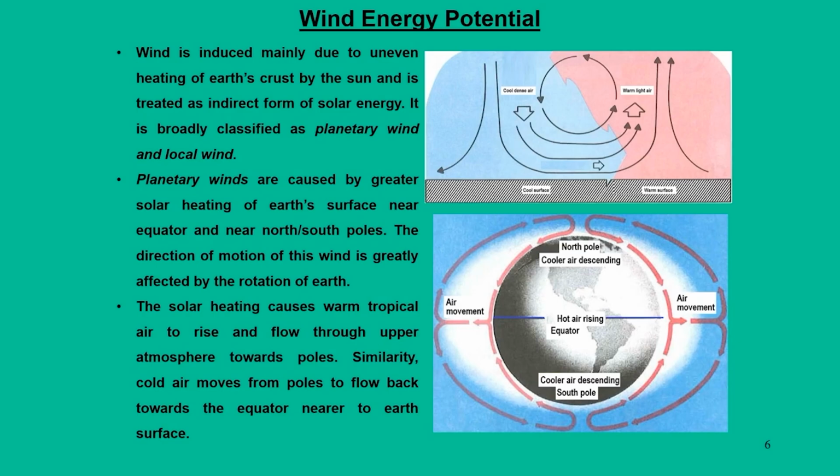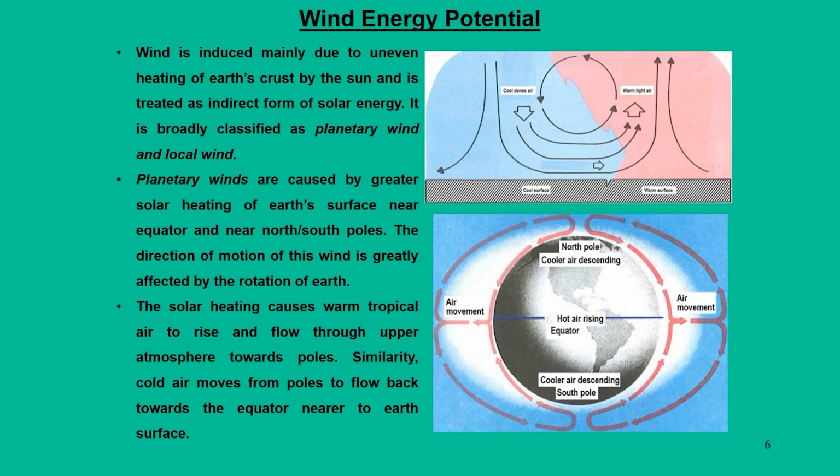On the other hand, when it falls on the water bodies, some of the radiation gets absorbed by the water itself and some gets evaporated from the water surface. So, the evaporated water goes up. As you know, evaporation causes cooling. So, when the water gets evaporated, it tries to supplement the heated air which is on the ground.